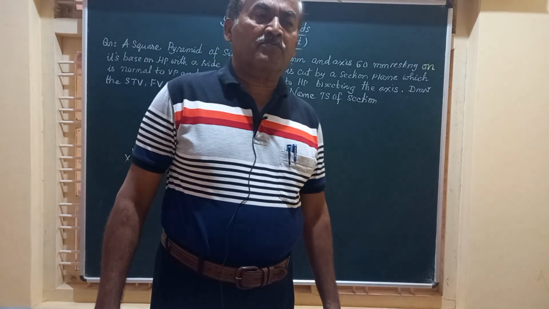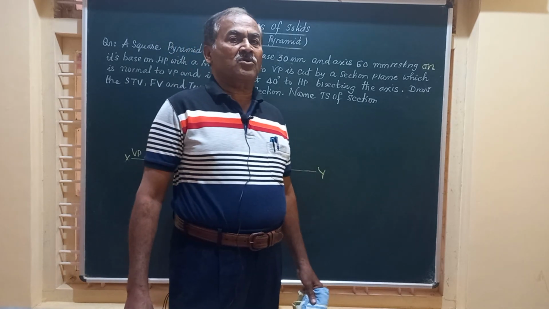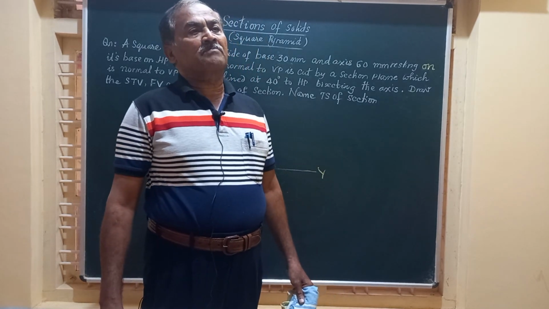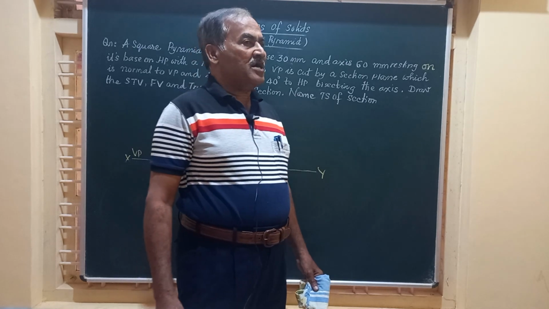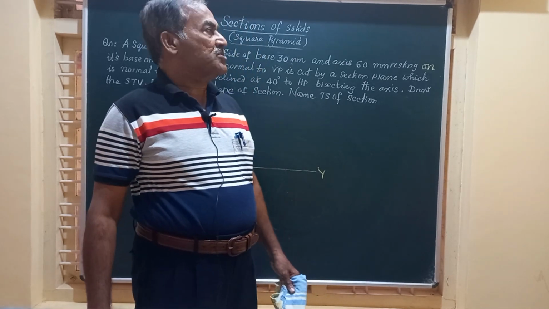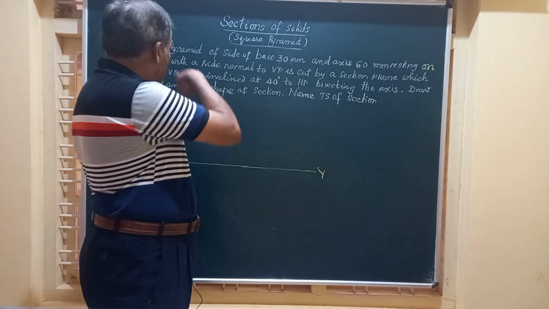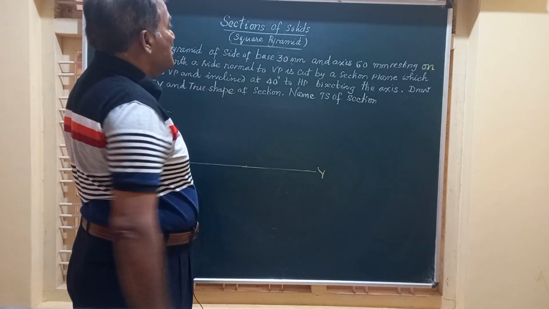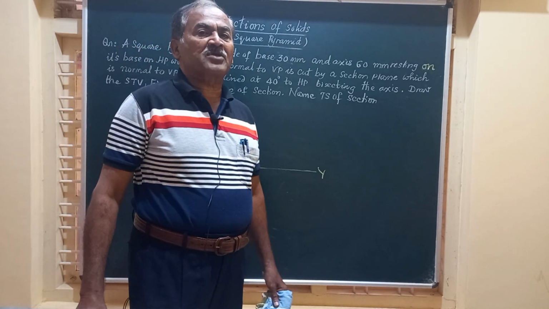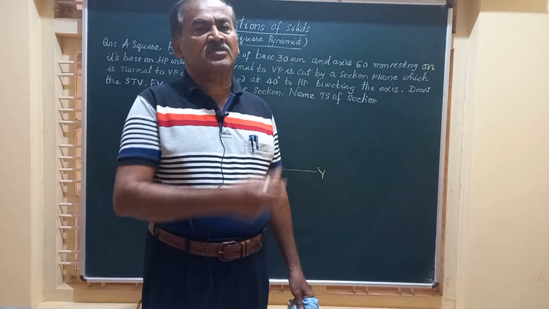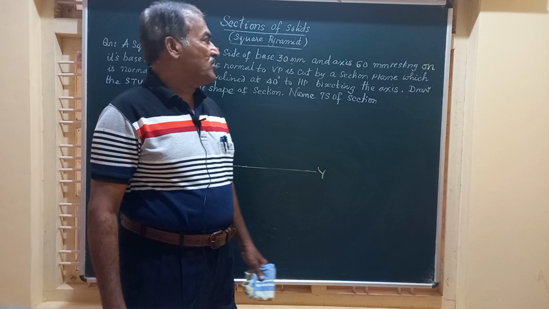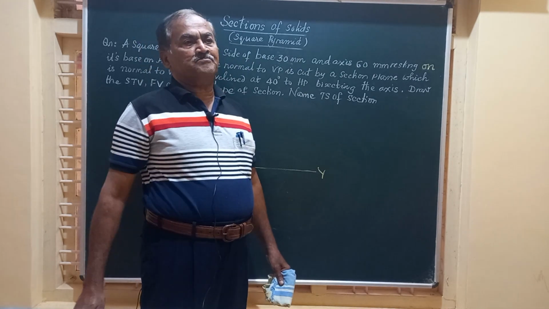Generally, in problems on sections of solids, particularly on pyramids, cones and cylinders, they ask us to name the true shape of section. Friends, here you can see the pyramid is a square pyramid. That is to say, it has a square base of the given side of 30 millimeter and it has a height.